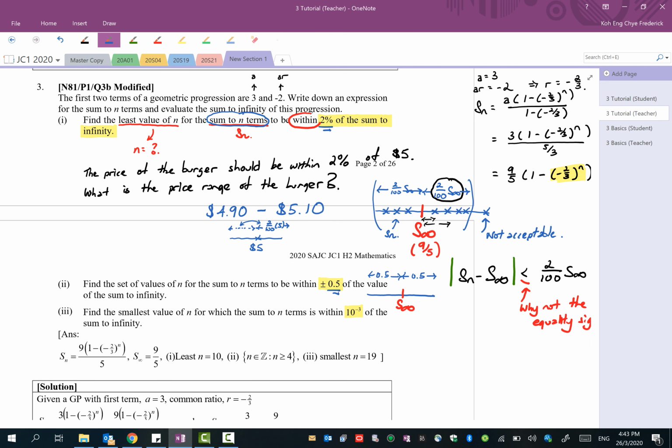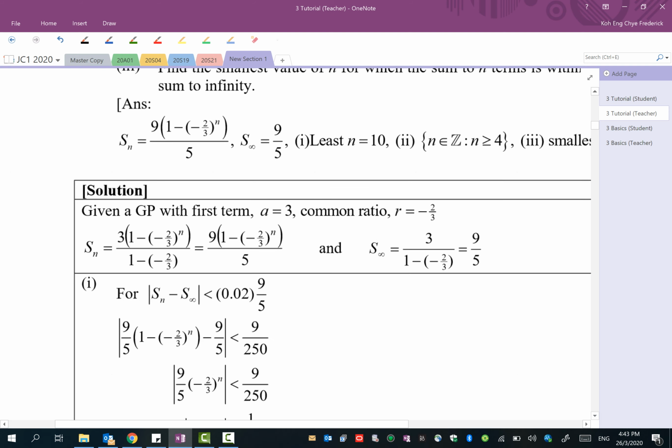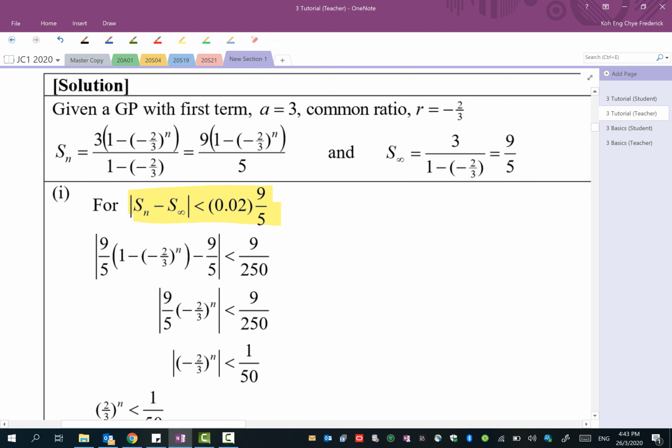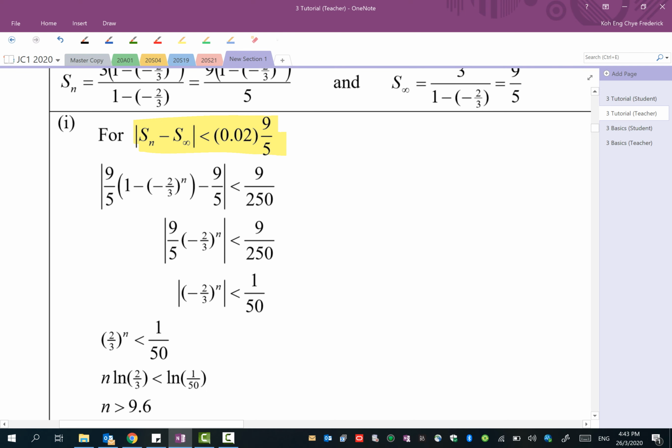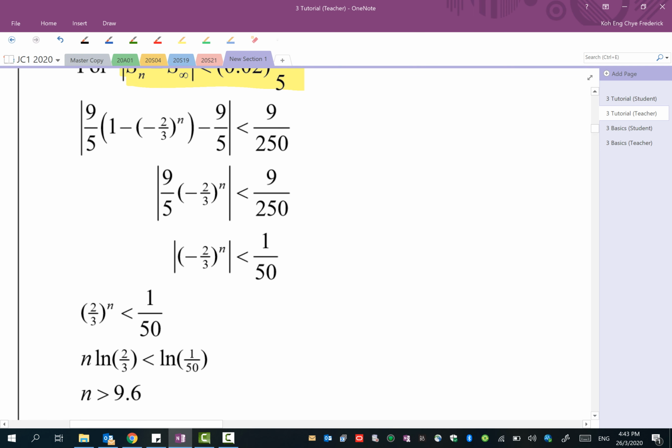All right, so now let's go into the algebra. I have already explained this part and it will be the same for the rest. I'll just use one question to explain; the other two questions, the ideas are the same. Some of the key steps I want you to take note of. I want you to pay particular attention over here.